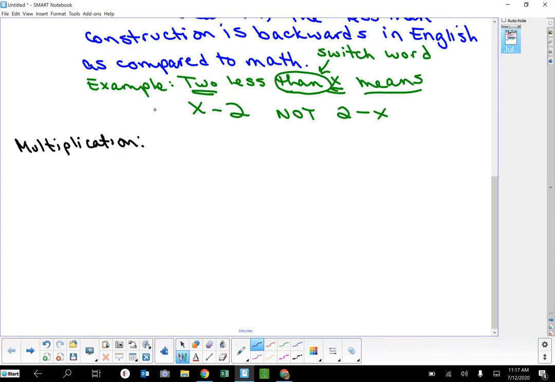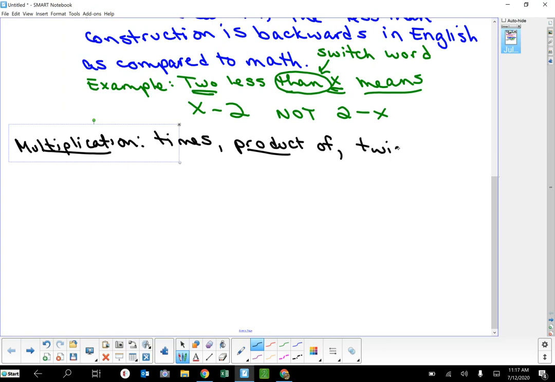Words that mean multiplication. Times. Product of. Remember, a product is the answer to a multiplication problem. Twice. Or triple. Or something along those lines.